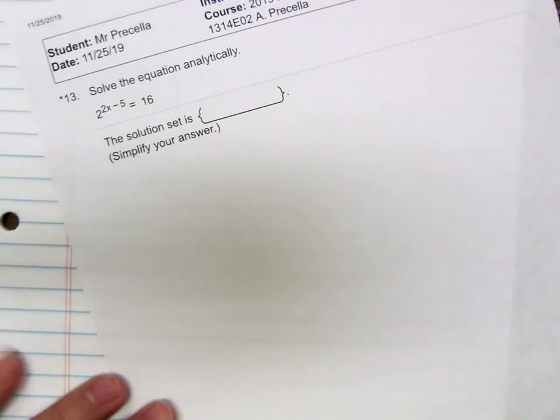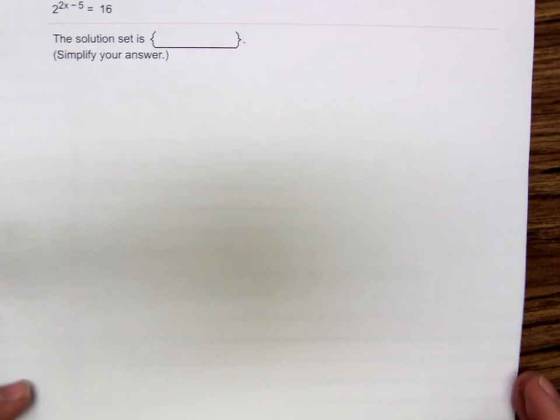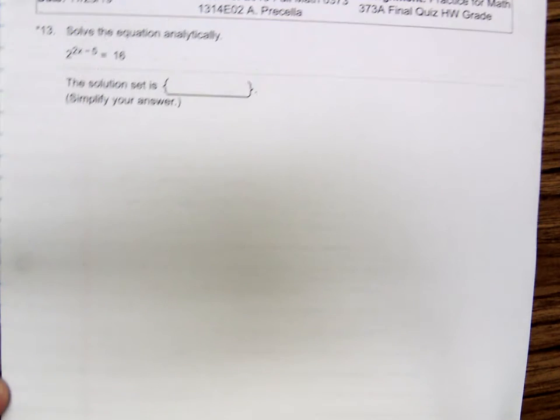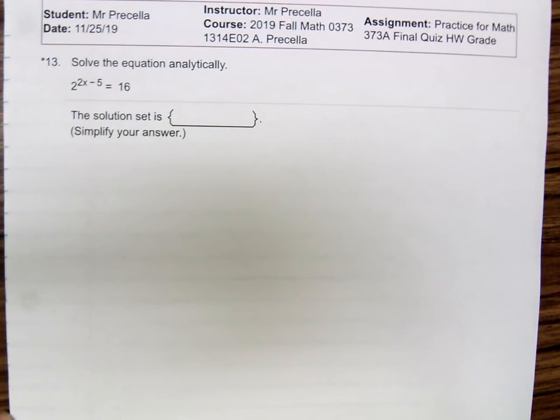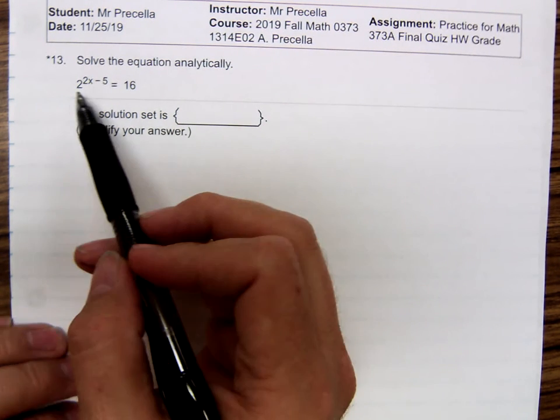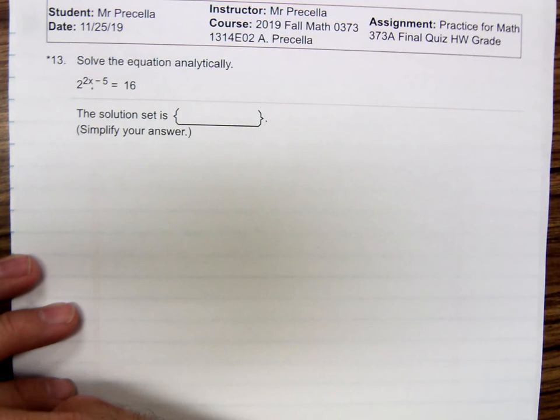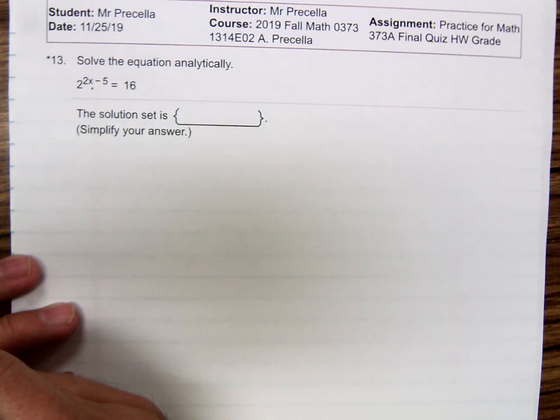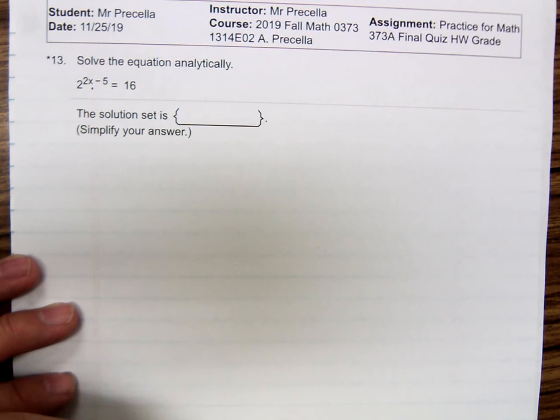Oh, number 14. No, number 13. Number 13. Solve the equation analytically. Look at this. The variable is up in the exponent. What do you call an equation where the variable is up in the exponent? A logarithm?